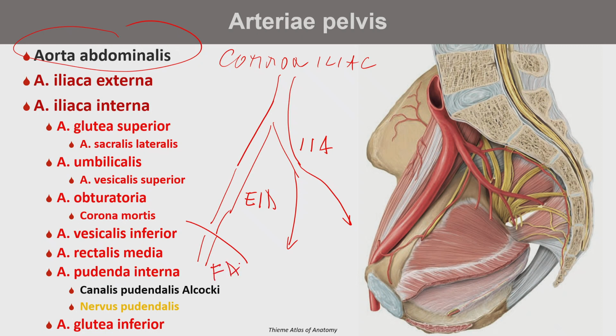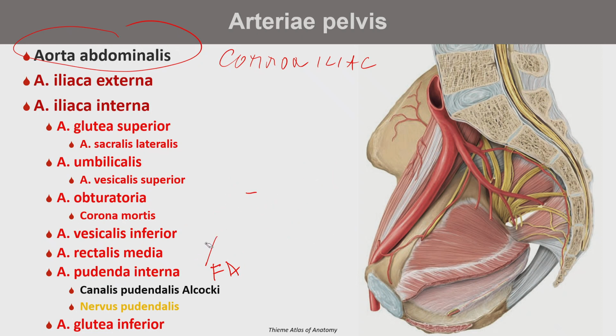So this simple system is then more complicated in the region of the internal iliac artery. The internal iliac artery supplies the pelvic organs and also the muscles of the pelvic floor, and also muscles localized on the proximal part of the lower limb, in the gluteal region.